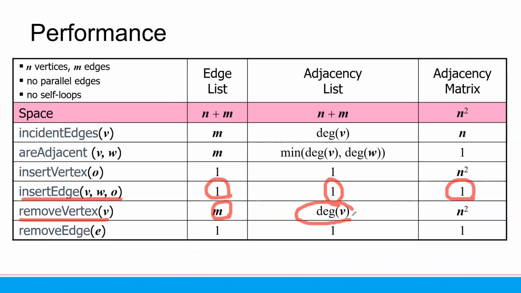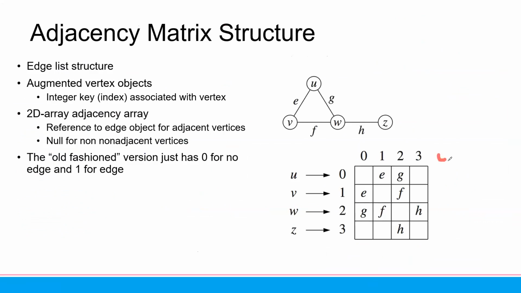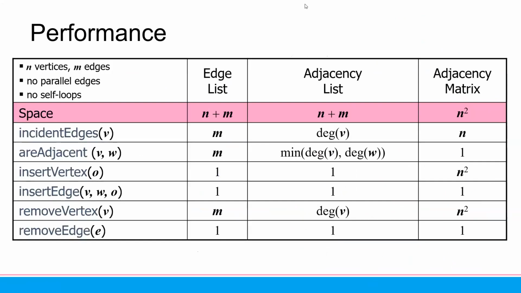For the adjacency list we have the degree of V, and for the adjacency matrix we have n power of 2. Okay, because when you remove a node, let's say this is node 4, if you remove this one, then you will remove everything. And when you remove the edge, it will cost only 1. This is remove only 1, and this is only 1.